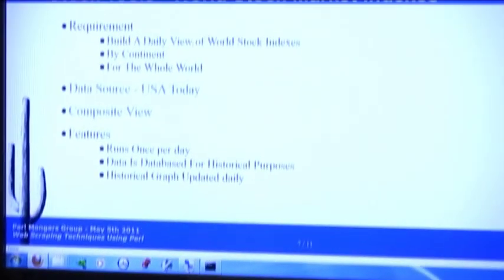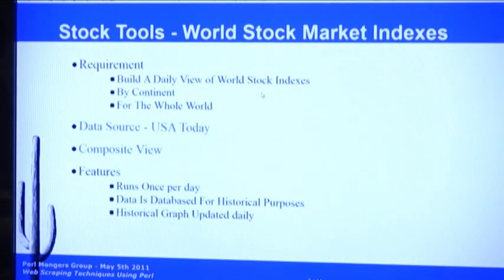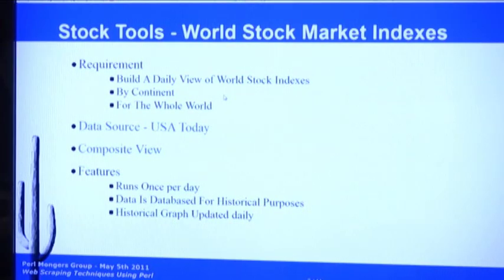So the first requirement I've got is to build a daily view of world stock indexes by continent and for the whole world. I use this when I roll out of bed, because the market opens at 6:30. I've got enough time to grab a cup of coffee and I just want to see what happened in the world without reading a whole bunch of articles, right? I just want an index.